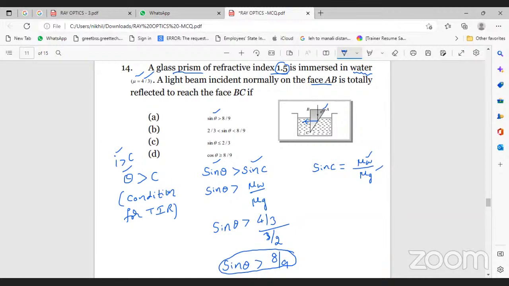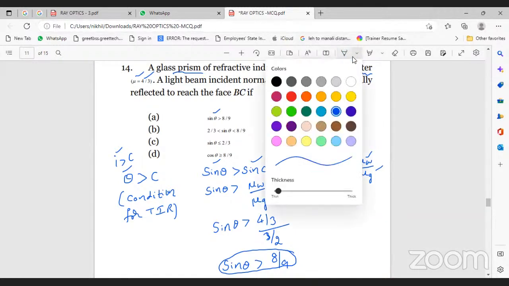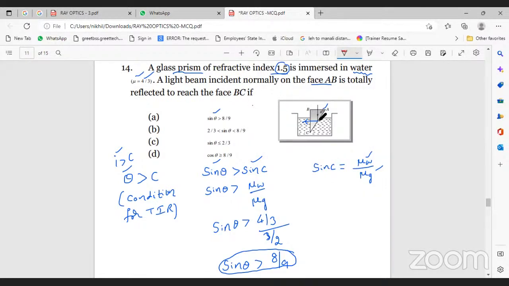Clear? Actually, whenever the ray of light is incident here, this is called the normal. This is called the angle of incidence, which should be theta only. To undergo the total internal reflection, this theta should be more than what?